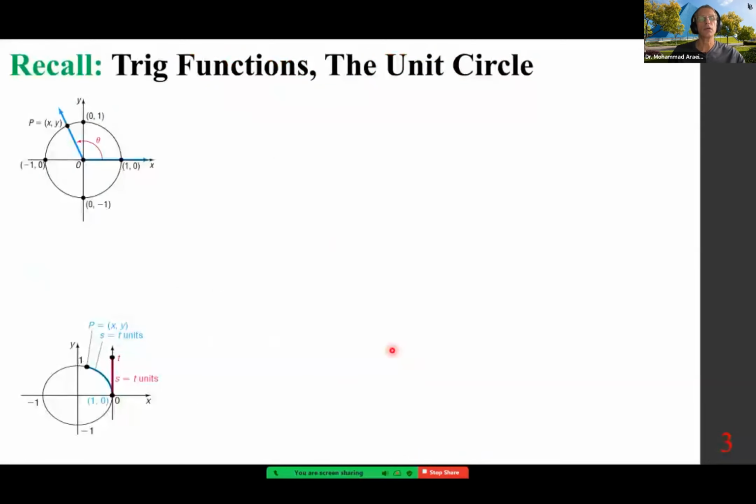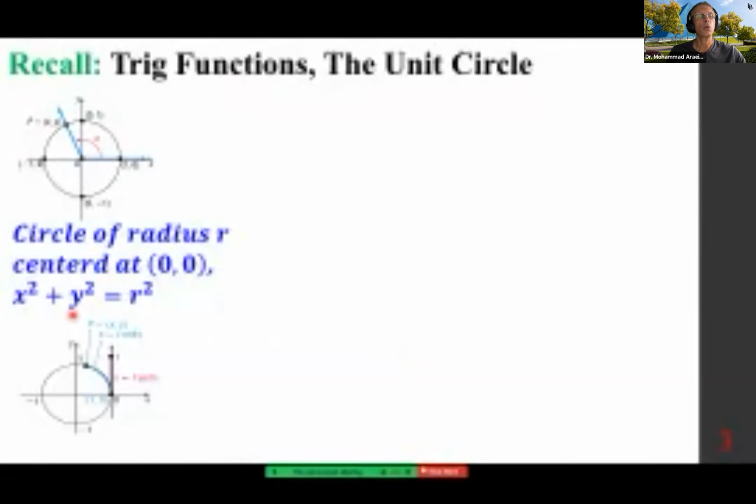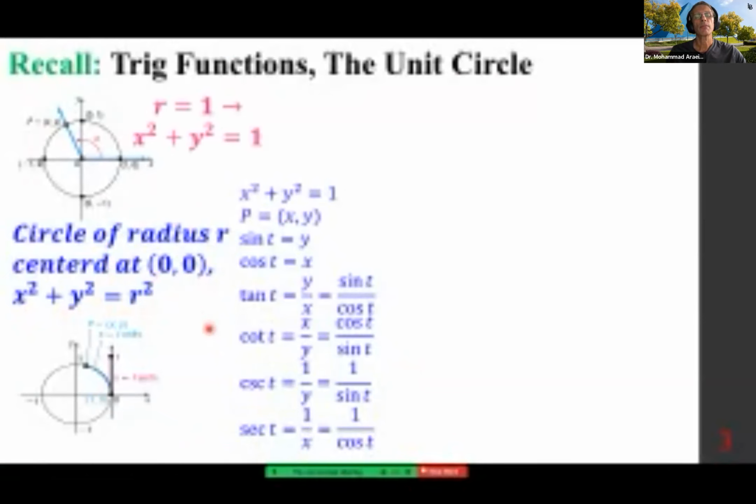First, reminding everybody of what we have seen before. This is a unit circle, x squared plus y squared equals 1. This is, in general, x squared plus y squared equals r squared. And the definition is that a point x comma y is represented as cosine and sine.